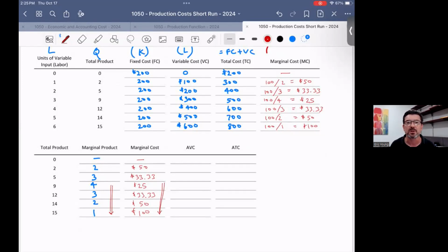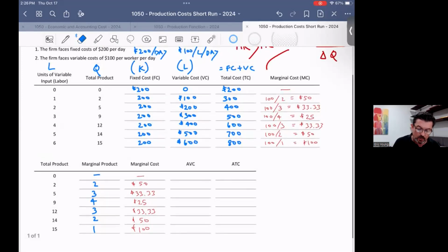So we can say generally, as marginal product rises, marginal cost falls. As marginal product falls, marginal cost rises. They're a mirror of each other. Another way to say this is simply this. When a business is getting more and more productive, its costs will fall. As a business gets less and less productive, its costs will rise. And that's important for our consideration of profit.